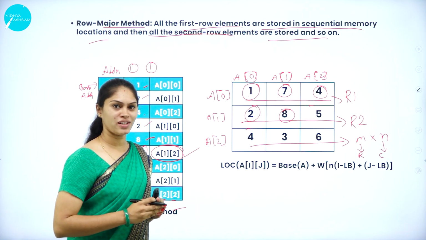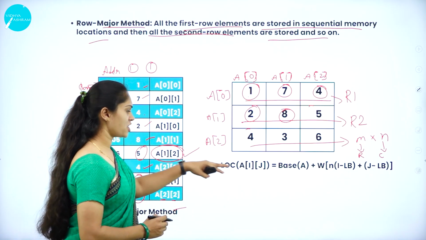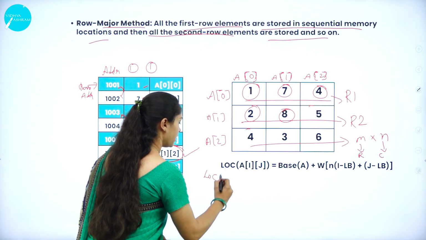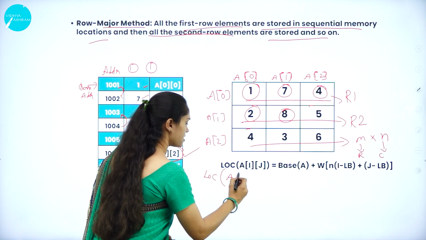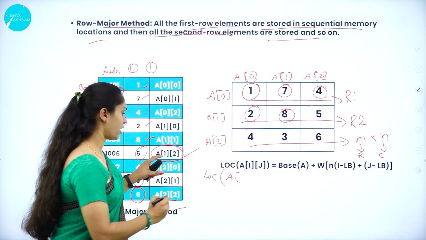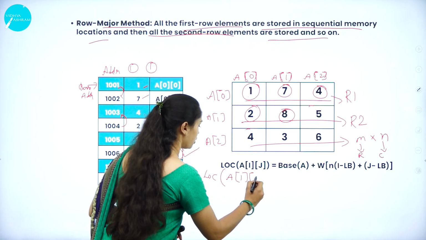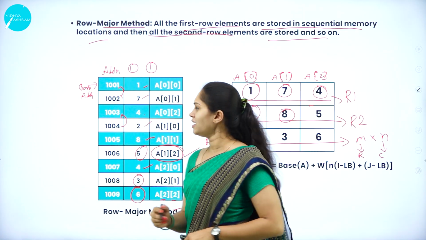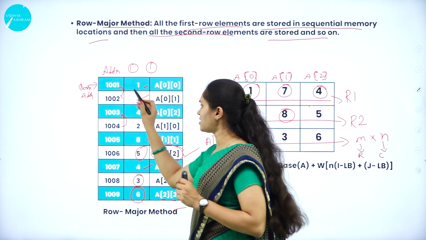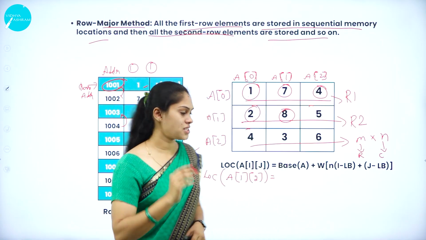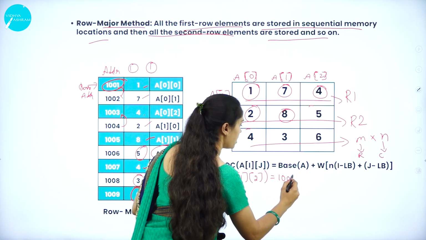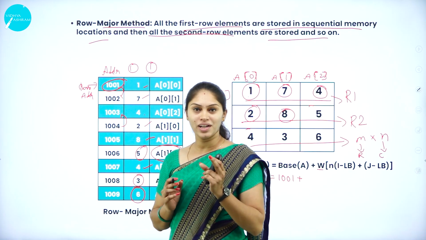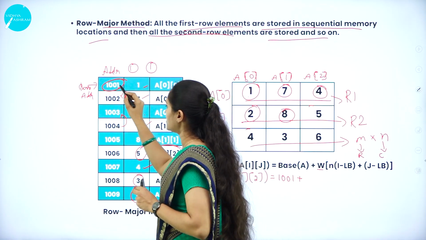Let me apply the values to this formula. Which location do I want to find? That is A of 1, 2. The location of an array element A, with I value 1 and J value 2, is equal to base of A. We already know the base address is 1001, the address of the first element, so it will be 1001 plus W, which is the word length, that is, the width of a memory cell.